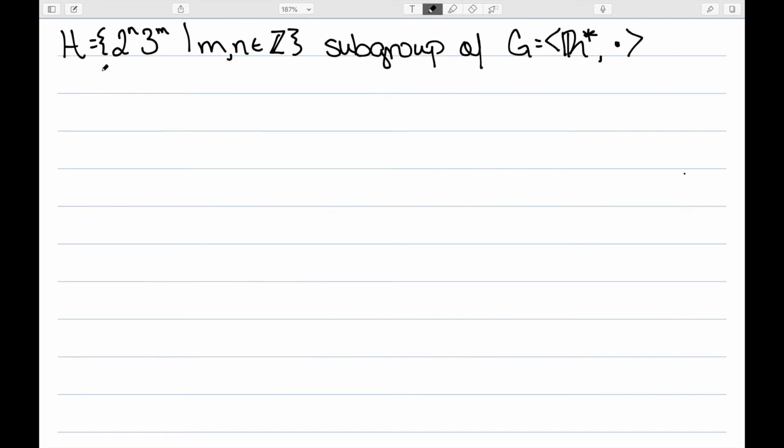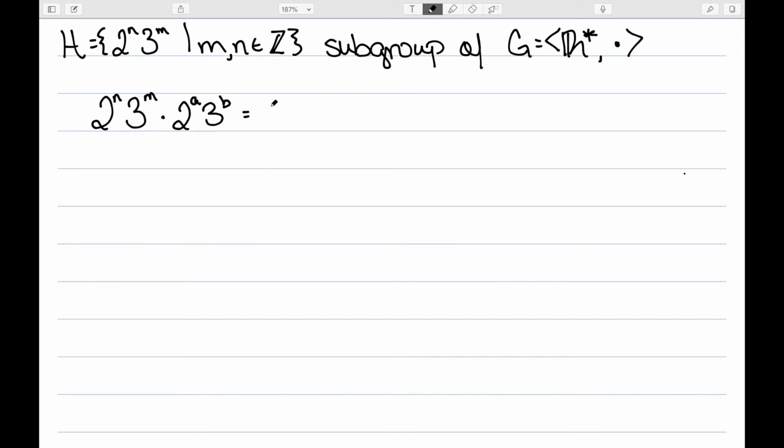This time, let's consider the set H, which is equal to all 2 to the n, 3 to the m, where m and n are integers. And I want to know if that's a subgroup of R star under multiplication, the non-zero reals under multiplication. So I need something in the group and something else. So this time I'll use a and b instead of m and n.